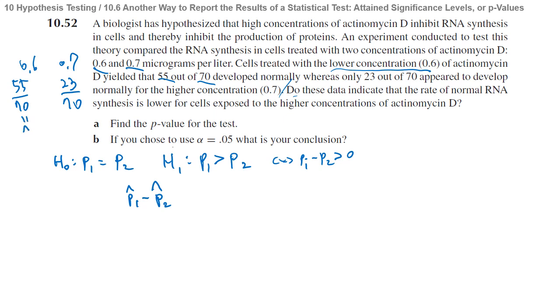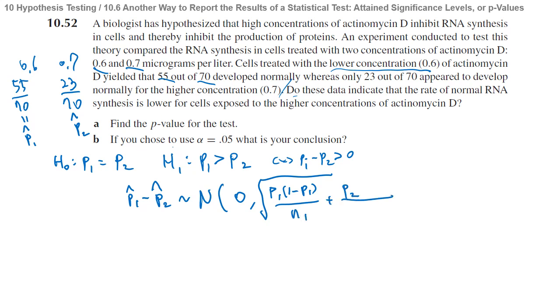This is P1 hat, and this is P2 hat, and this one would follow a normal distribution with mean 0 and the standard deviation, which is the square root of P1 times 1 minus P1 divided by N1 plus P2 times 1 minus P2 divided by N2, and here N1 and N2 are both 70.